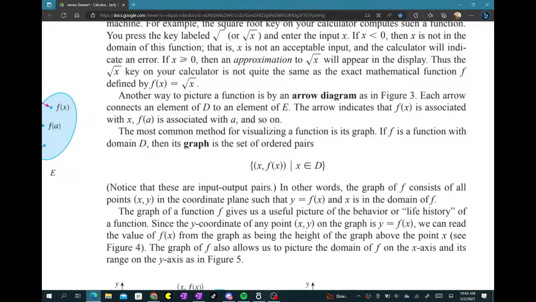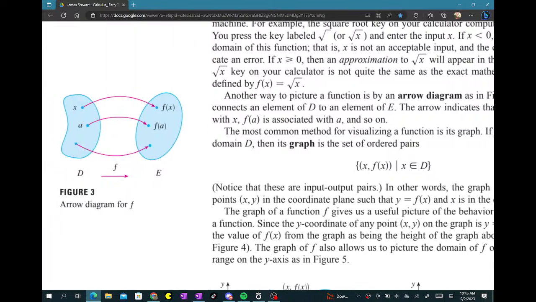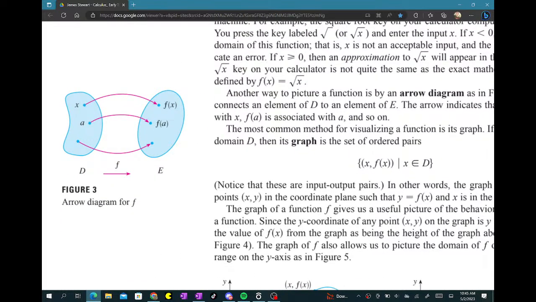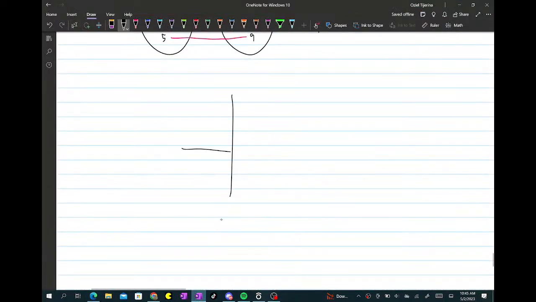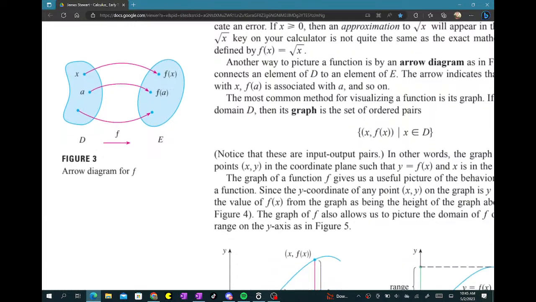So basically, when you make a graph of any function, you're always going to have ordered pairs x, y, and you're going to be plotting those for every kind of function you make, right? Okay.